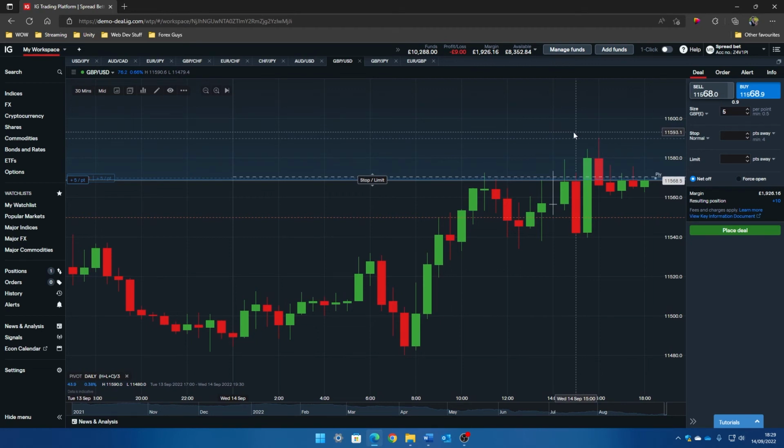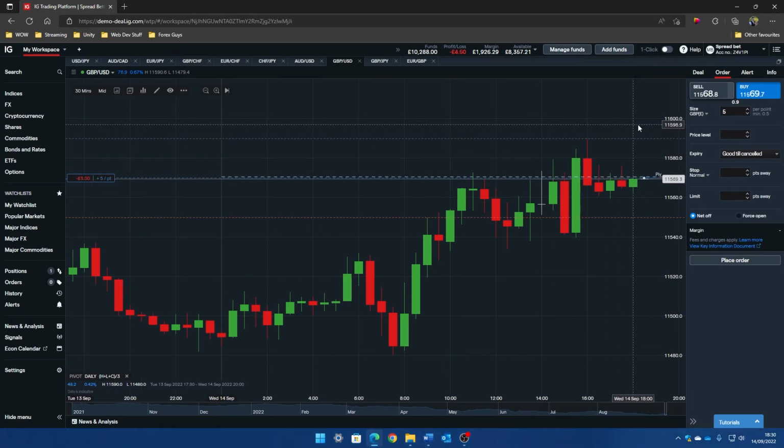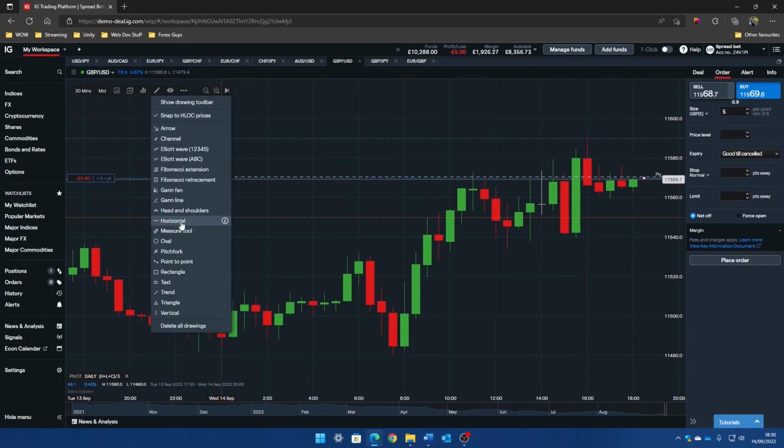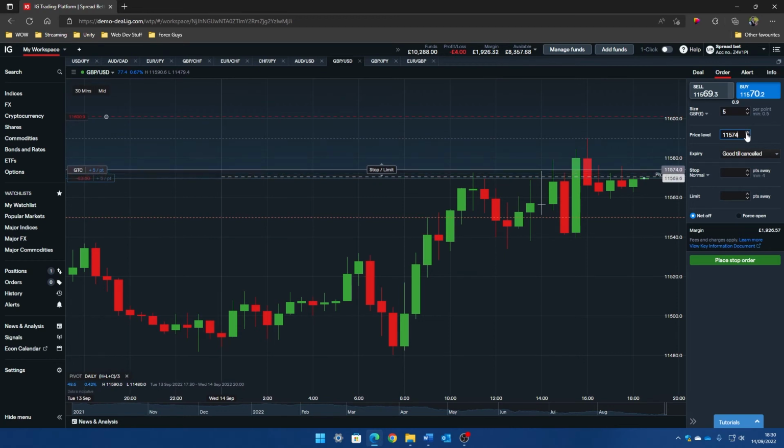The other thing that we can do, we can set an order, which means we can set a price level that we want if the price action moves to a level. So if we were to put a line up at 116, a convenient level, if we wanted to set an order at this level, then what we could do is take the price up to that point.